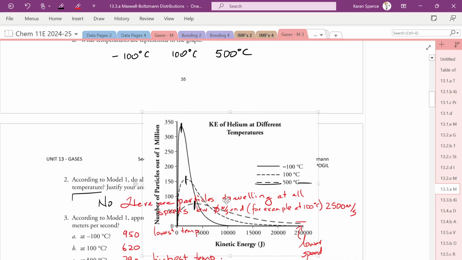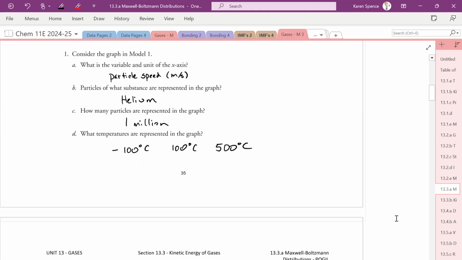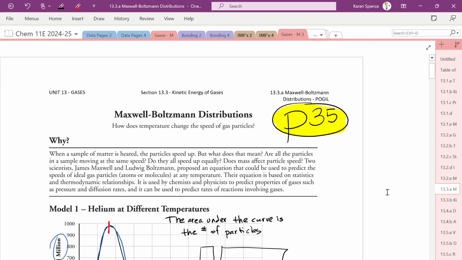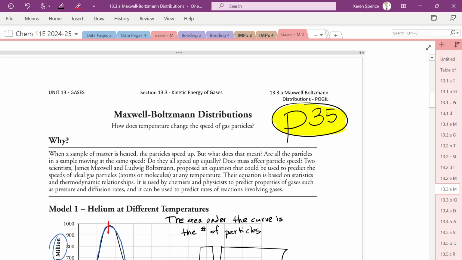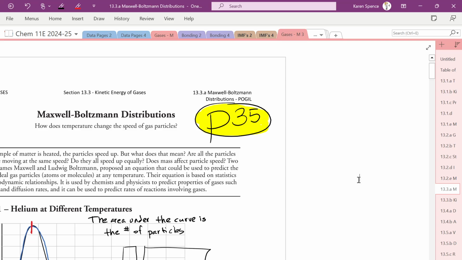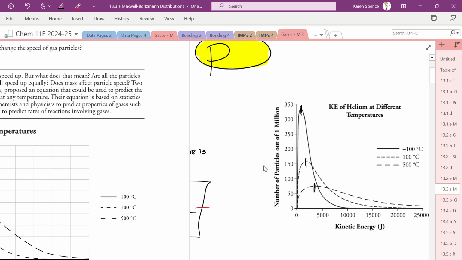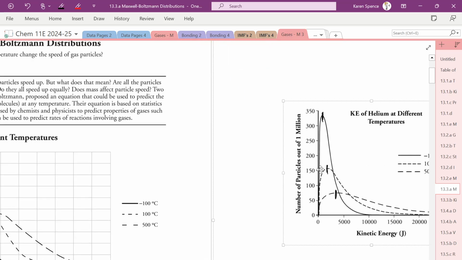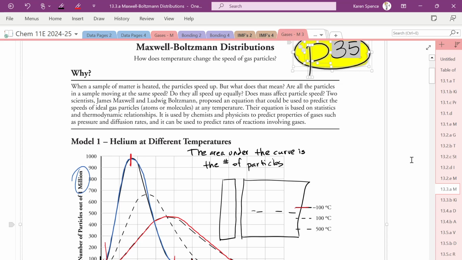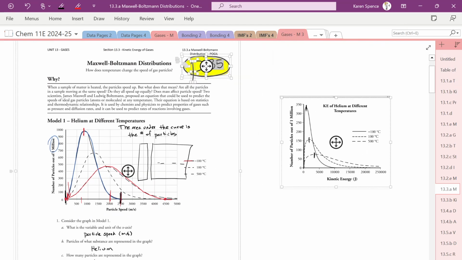There we go. Now I should be able to put it beside it.